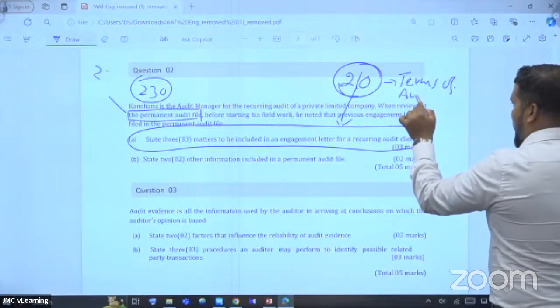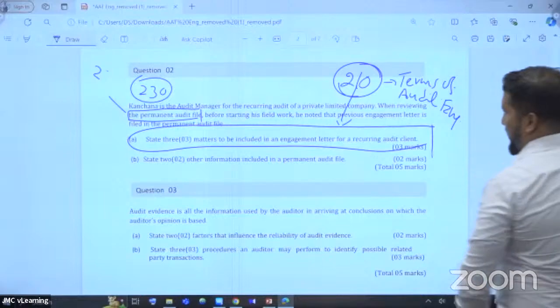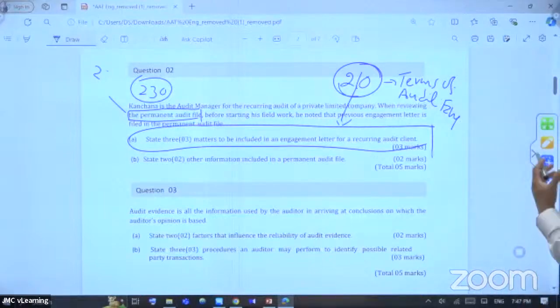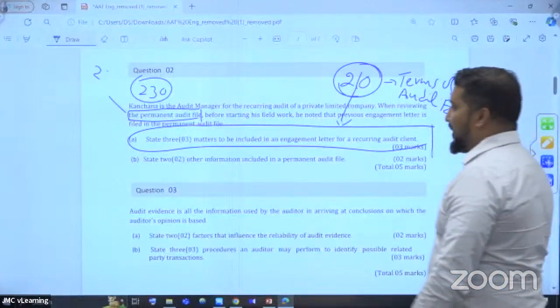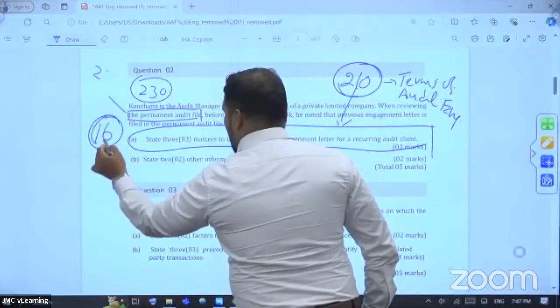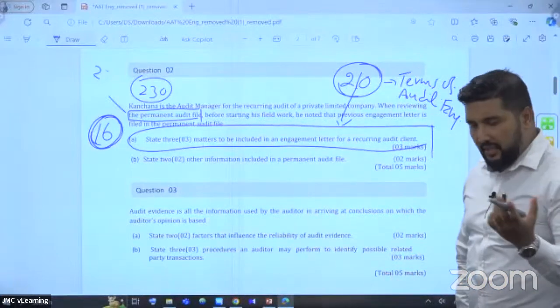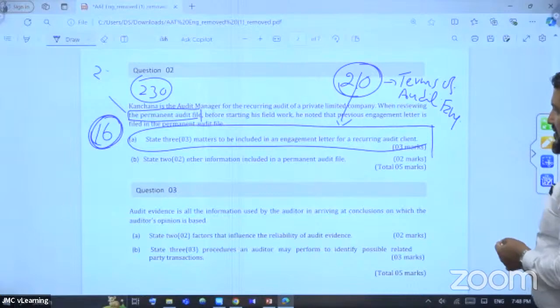When you are reviewing the standard, you will identify there are 16 points to be included. Out of those 16, you need to state 3 in order to obtain these 3 marks.